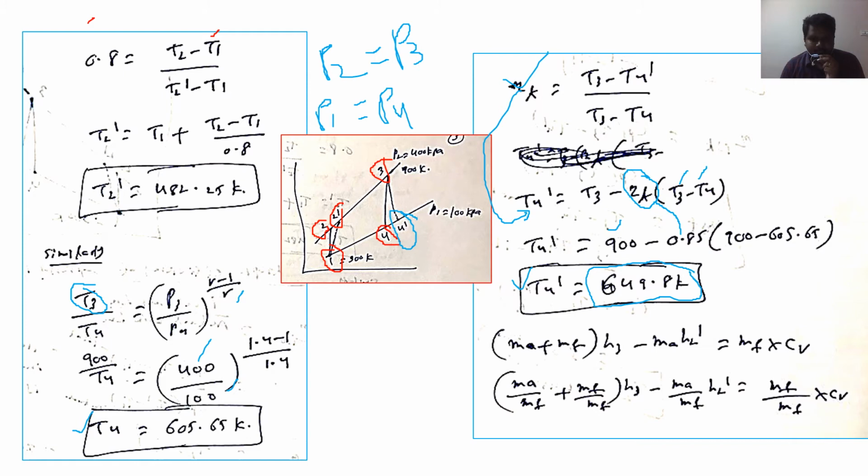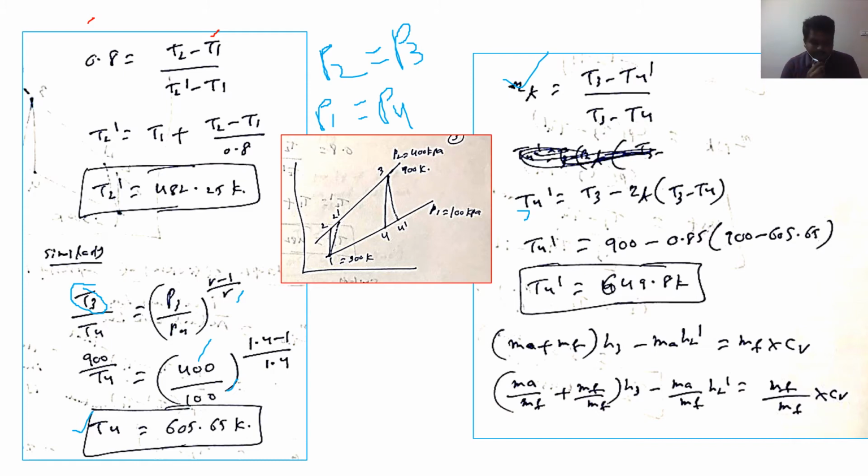So now finally we know temperatures at all points, so that we can find the efficiency of the turbine. Before that, in the problem they have given mass flow rate is 1 kg per second, and also they have given the calorific value.